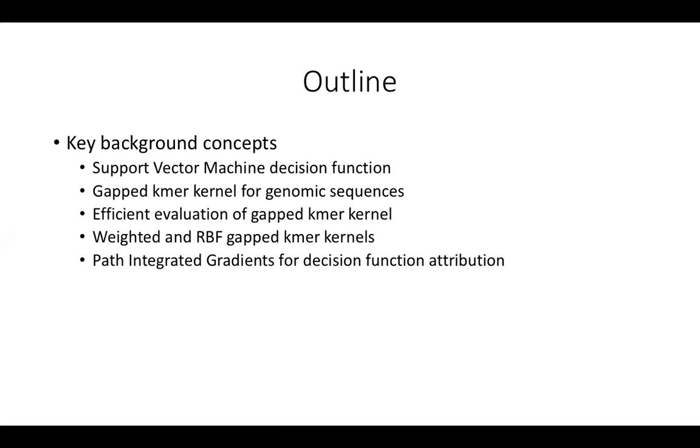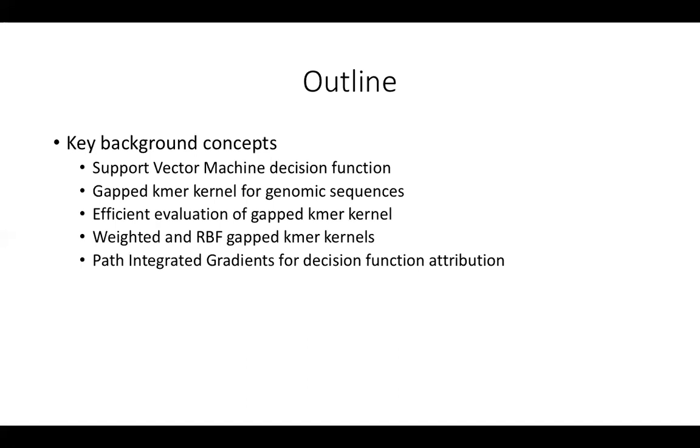The classifier we have in mind here is support vector machines, or SVMs, and in this video I'll assume a basic familiarity with machine learning concepts, specifically SVMs, and also familiarity with basic genomics concepts, like sequences, transcription factors, and binding motifs. So first, I'll talk about the SVM decision function, because it is the value of the decision function that we're really interested in attributing to the individual base pairs of an input sequence.